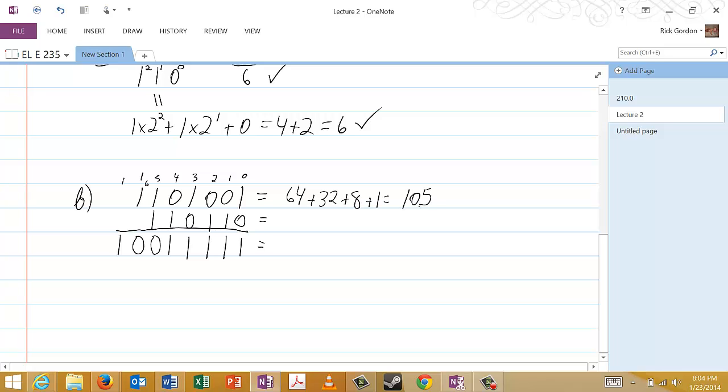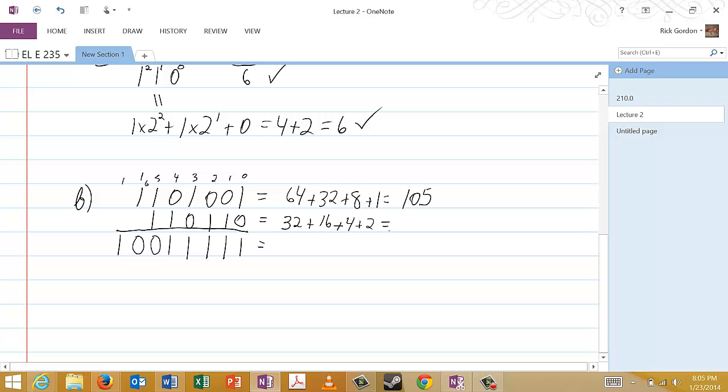105. Now let's look at the next number. It has a 32 in it, and it has a 16 in it. It doesn't have any 8s here because we see in this column with 3 that there's nothing. It does have a 4 and a 2, but it doesn't have, you see here in the 0 column, this has a 0, so there's no 1 there.